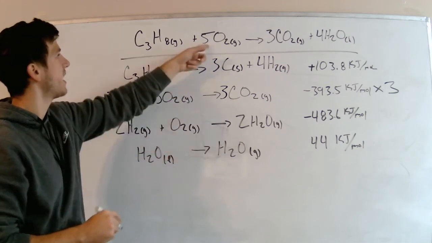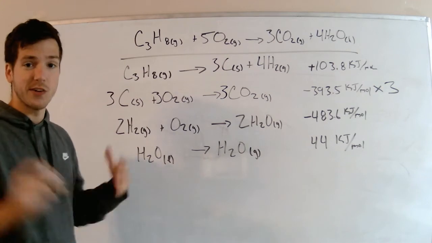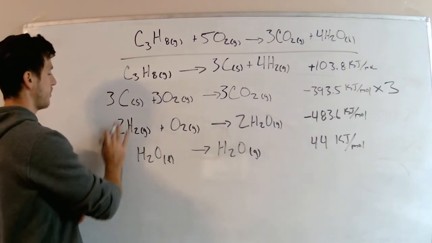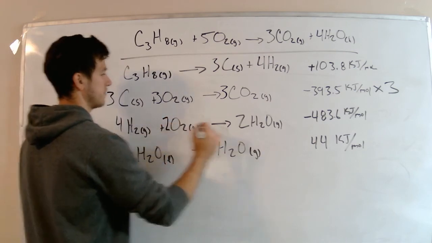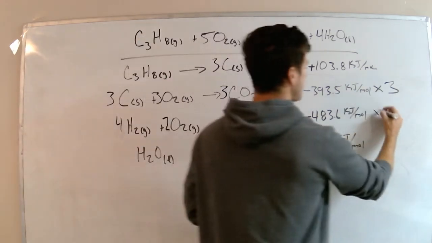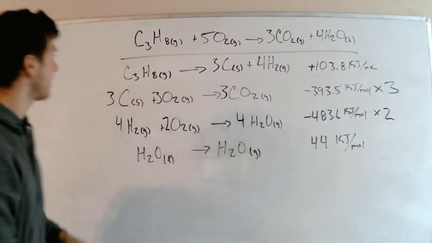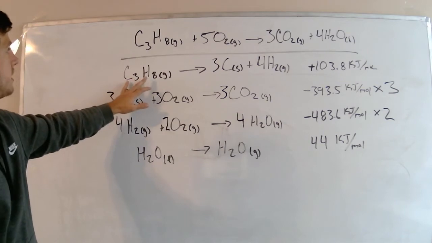So let's just try to match it to the 5 O2s. We have 4, so in order to get 5, we'll just have to multiply everything by 2 once again. Well, now we have our 5 O2s, our 3 CO2s, and our 1 C3H8.